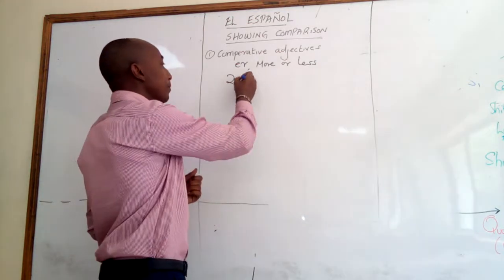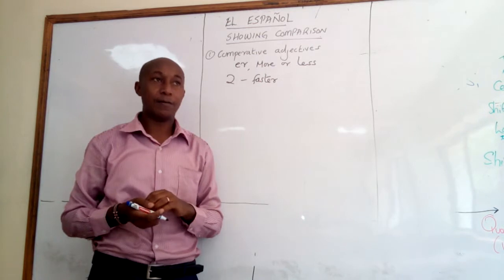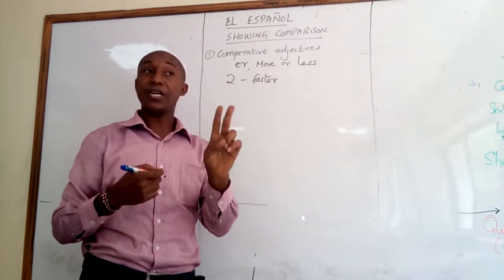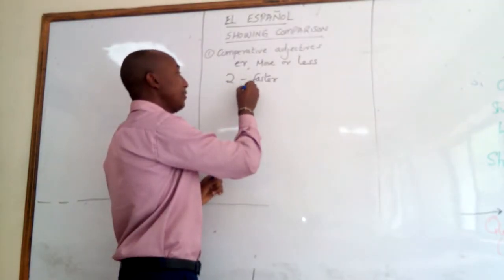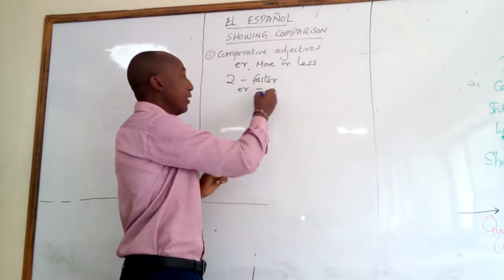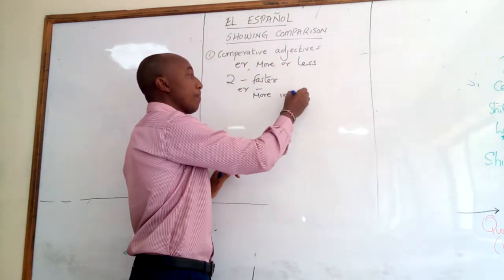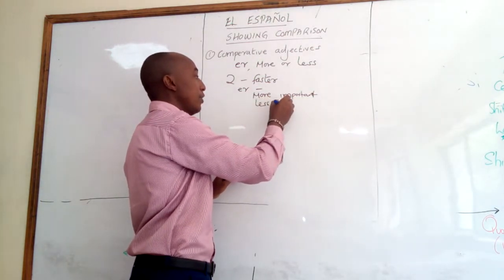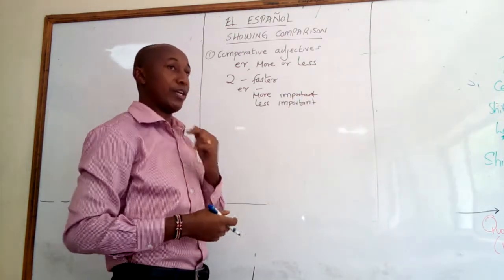For example, faster. You can say John is faster than Ken. So you're only comparing two things. And for the ones that cannot have er at the end, we use more or less. So we have more important and less important.